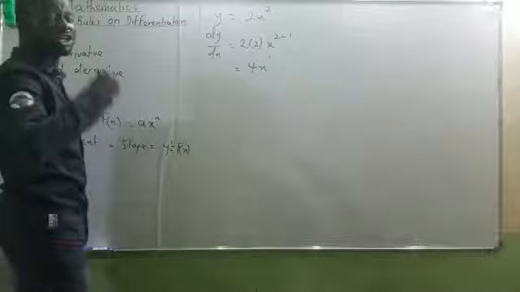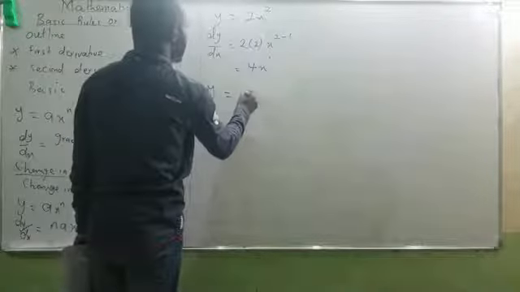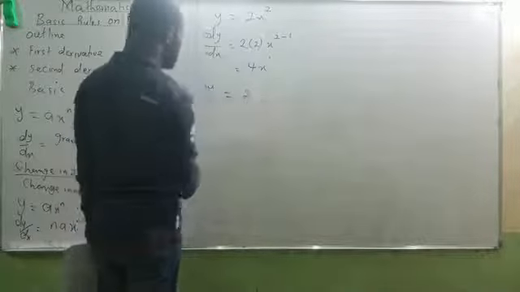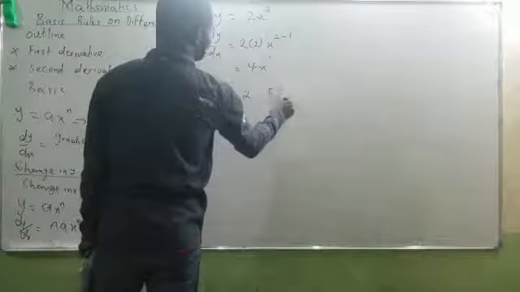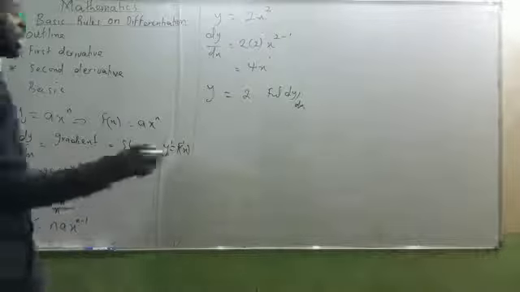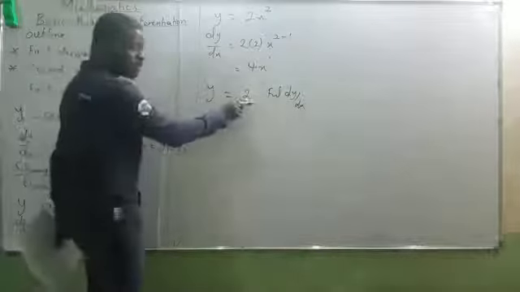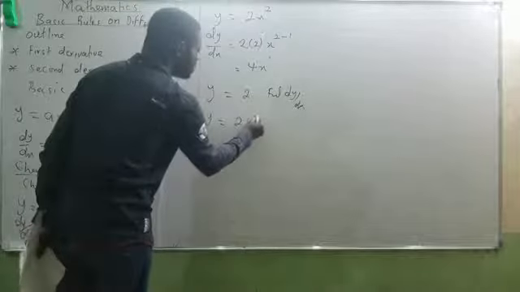Now, if the story changes, and we have y equals 2x raised to only x... sorry, y equals 2 only, I want to find dy/dx, or gradient. What to do here is, can you see that there is a problem? There is no x. I can as well write this as y equals 2x raised to power 0.